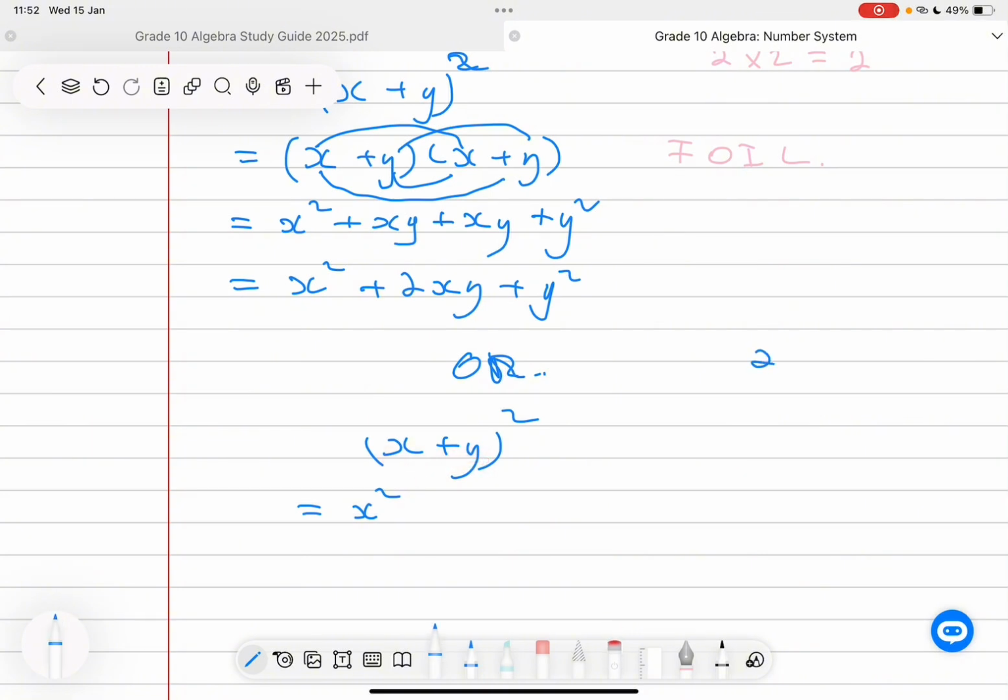So this is to say here I'm saying 2 times x times y, and this should give me 2xy. Then that means I'm going to have plus 2xy. Then I square the y. I'm simply going to write y squared, and that is my final answer. So here we used inspection.